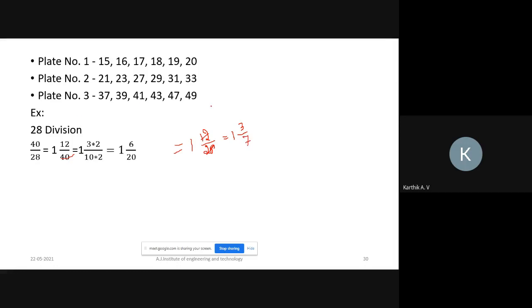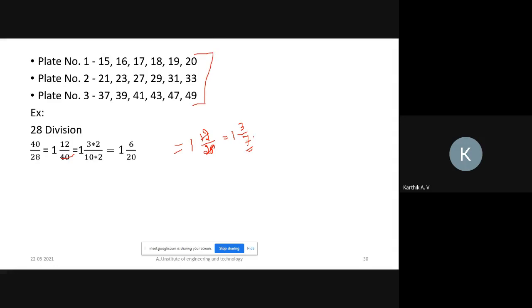Now you just see, the lower denominator is nothing but the plate number. Is there a 7-hole circle in any of the plates? 7 is not there.